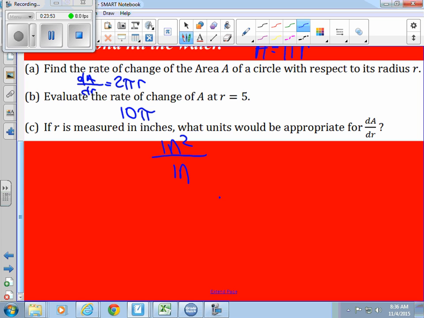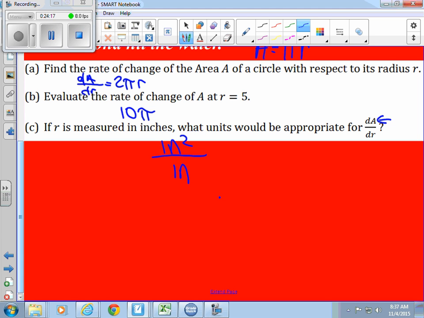That makes sense for circumference, doesn't it? What are units for area? Square inches.